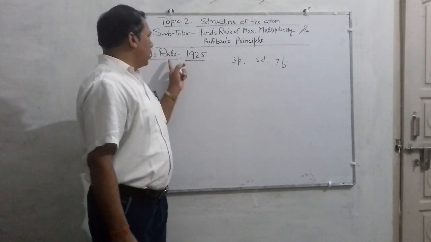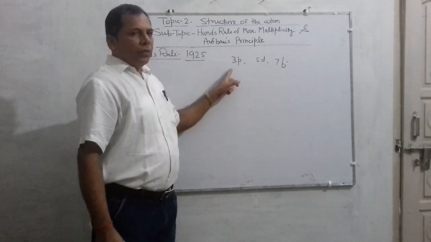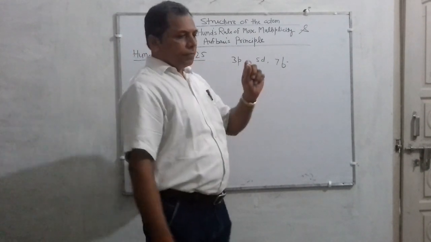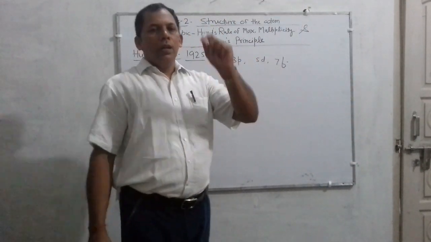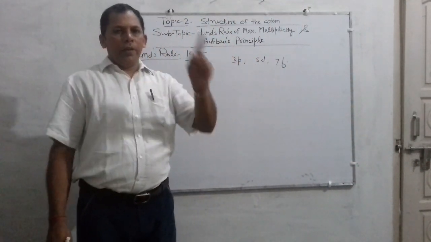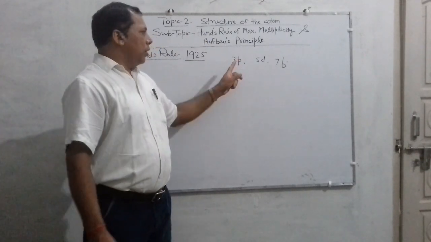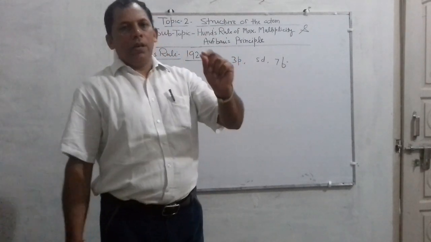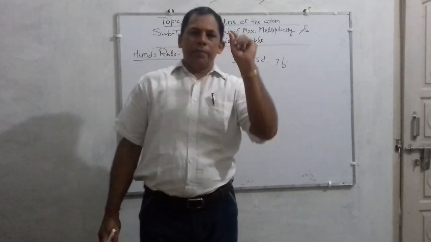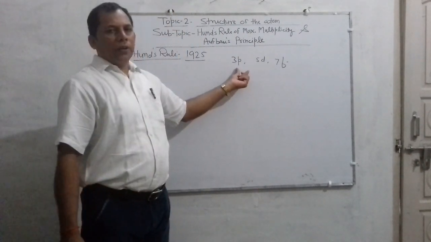What is the meaning of this statement? Pairing, meaning making a pair, is not possible until each orbital of the same subshell contains one electron.